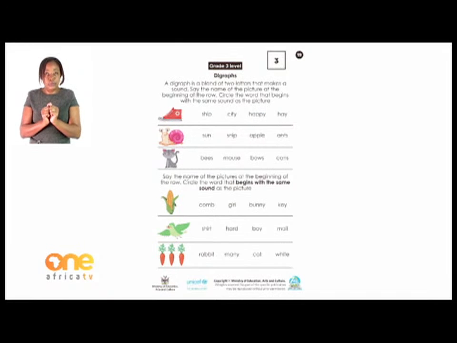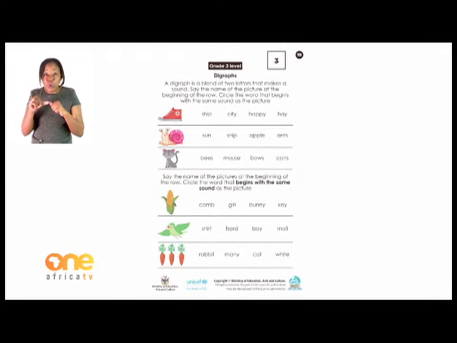Okay. Now let's continue to the next exercises on the same page. You say the name of the picture again at the beginning of the row, and then you circle the word that begins with the same sound. The same thing again. What is the name of the first picture that you see? Then you have to know the sound. Which sound does this picture start with? And you circle the word that has that sound. The second one, what is that picture?